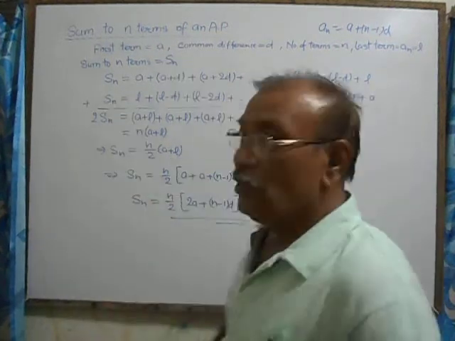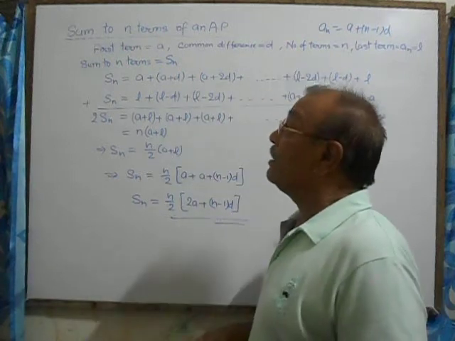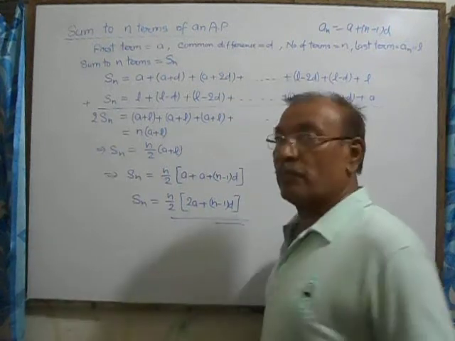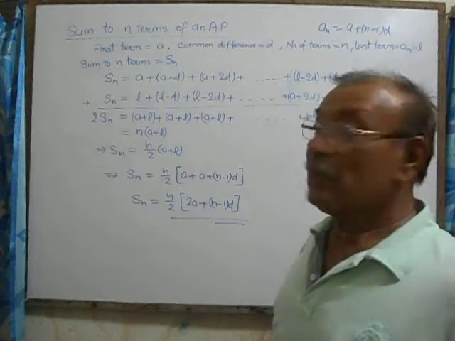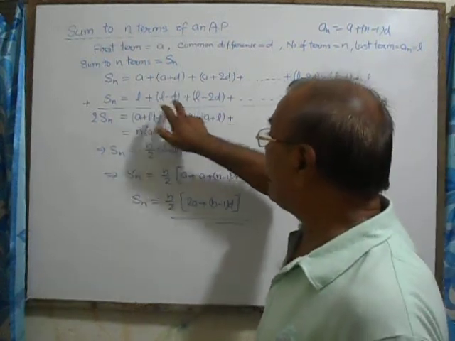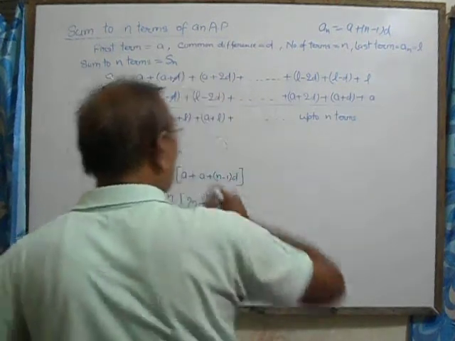Now we add these. What will we get? We will get Sn plus Sn, that is 2Sn. In the next term we get a plus L. Here we get a plus d plus L minus d, that is, this d and this d cancel out.